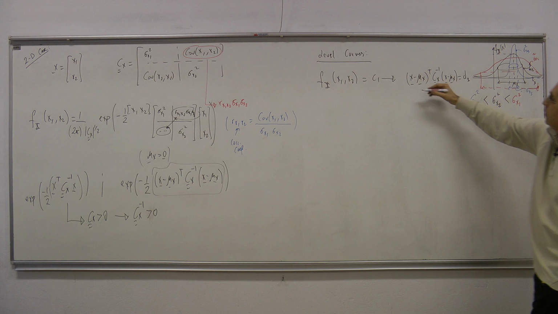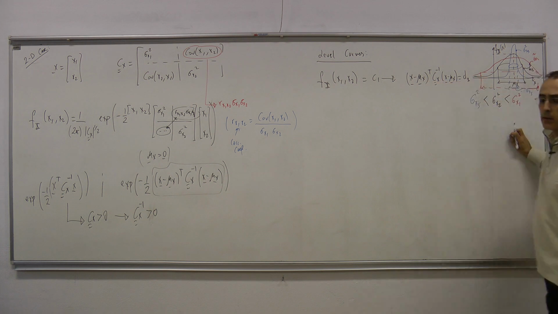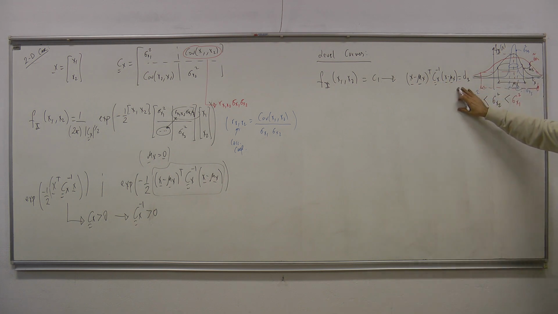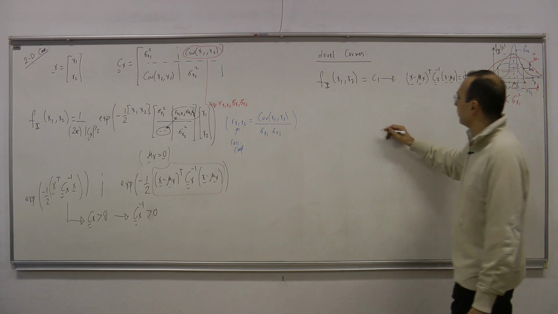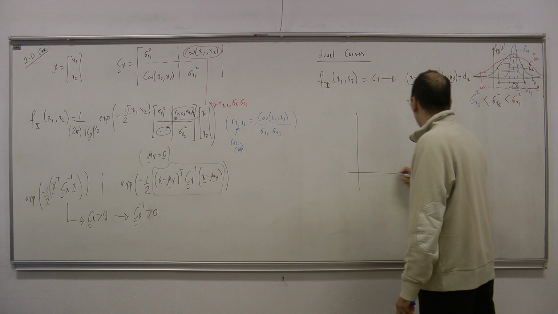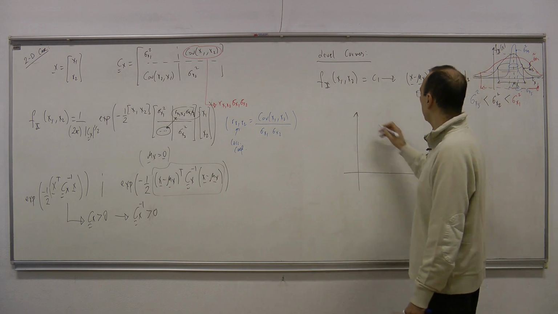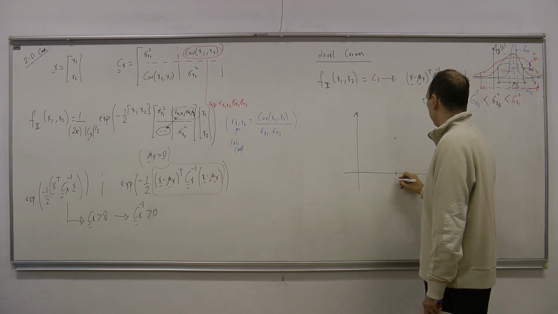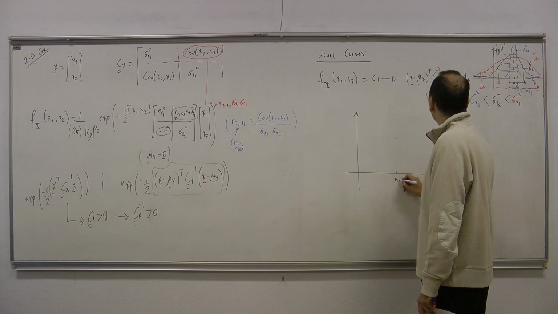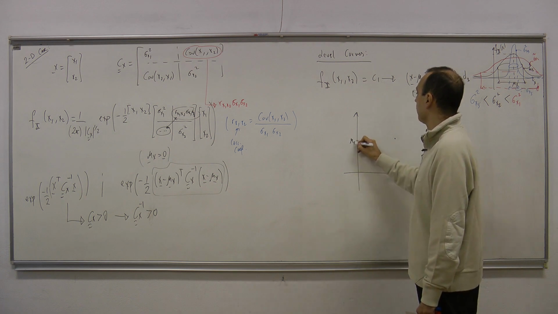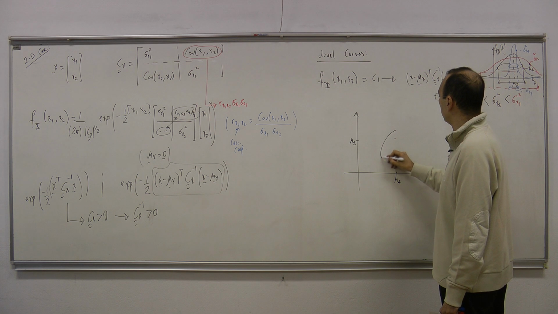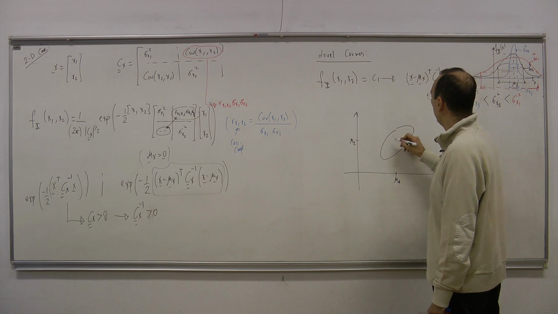So I need to again understand the level curves of this quadratic. This is the reason that previously we have studied quadratics. So the level curves of this. In general, in the two-dimensional case, let's say this is mu1, mu2, then we have the center.